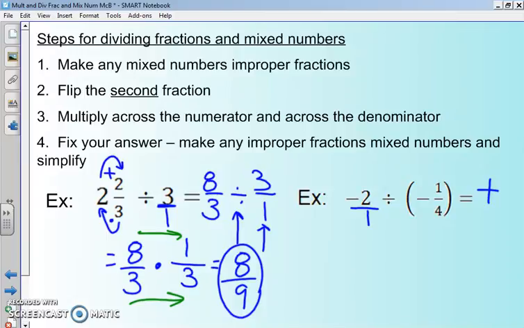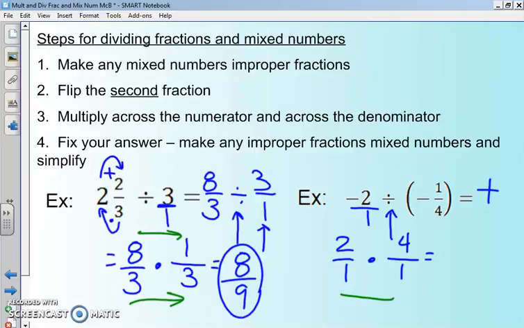I don't have any mixed numbers to change, so this is not too bad. So I have 2 over 1, not 3. So 2 over 1. Change the division to multiplication, so keep, change, flip. Instead of 1 over 4, I'm going to have 4 over 1.